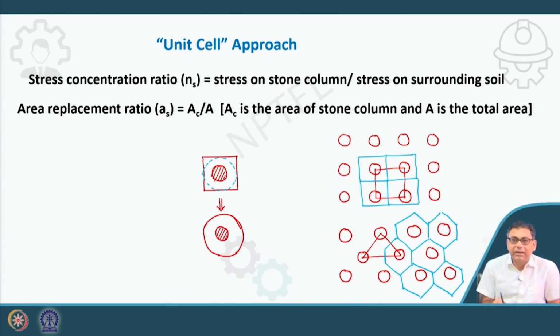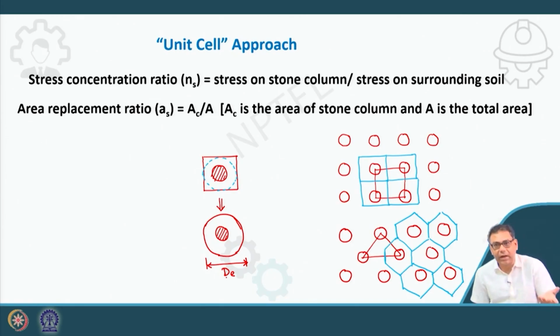Now how will I determine the diameter of this circle? You can see that this is the diameter of this circle, DE, where E means the equivalent diameter, and this is DC, the diameter of the column. So this is the diameter of the column and this is the diameter of the equivalent circle.